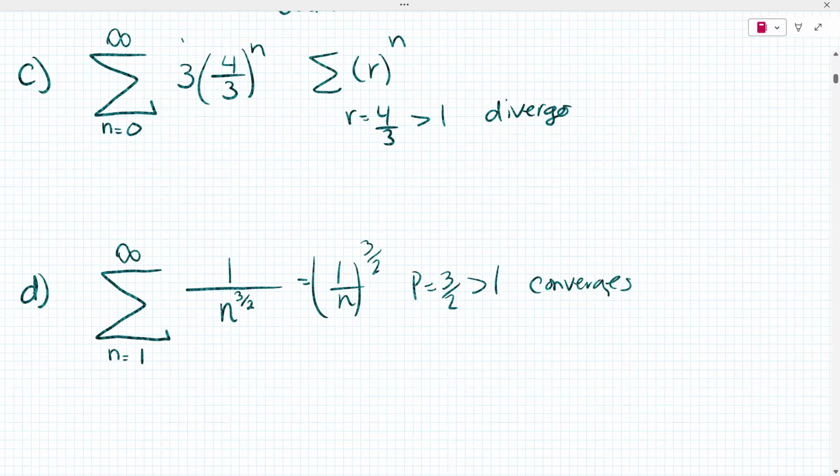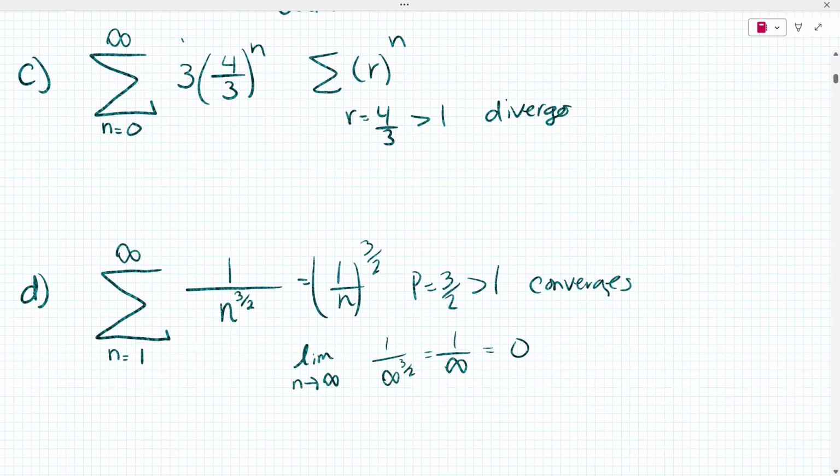You could also try plugging in infinity for n, so you could say the limit as n approaches infinity of 1 over n raised to 3 halves. What is 1 over a very large number? It gets really close to 0, which is a real number. That's why it converges.